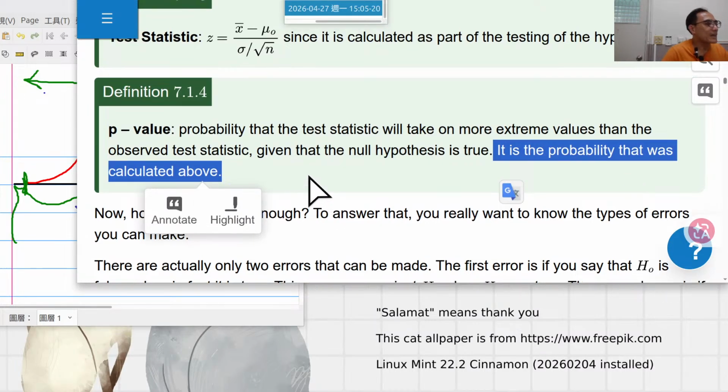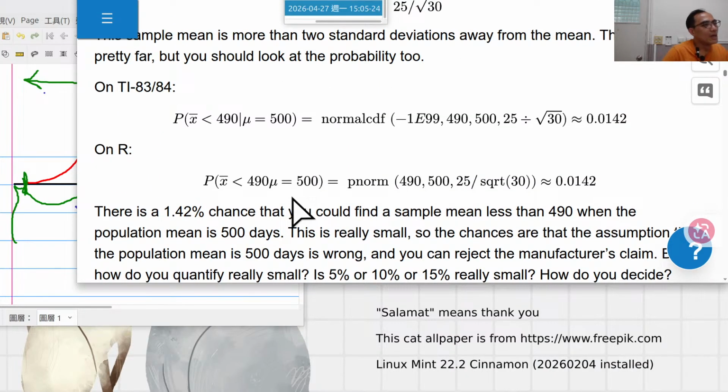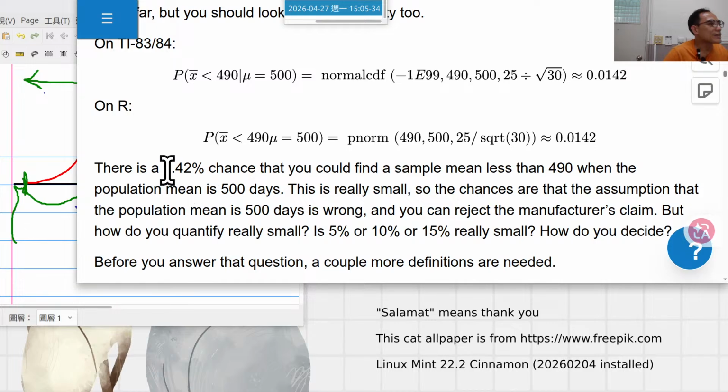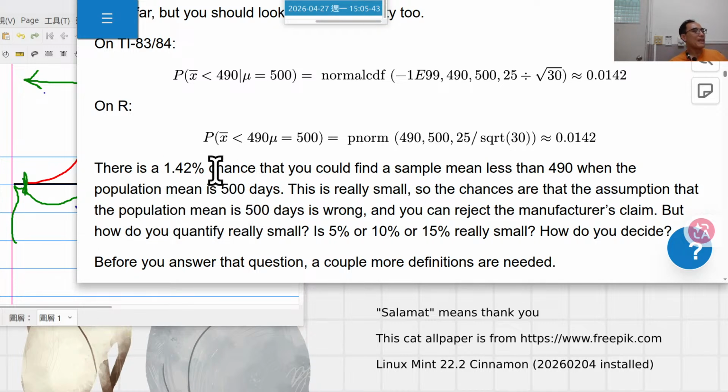Okay, let's move back. From this question, after calculation, the probability is 0.0142. That is 1.42%. That is a very low chance.